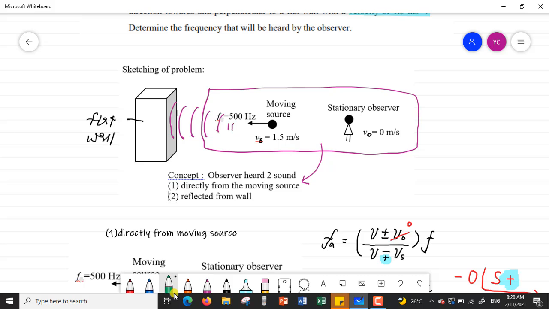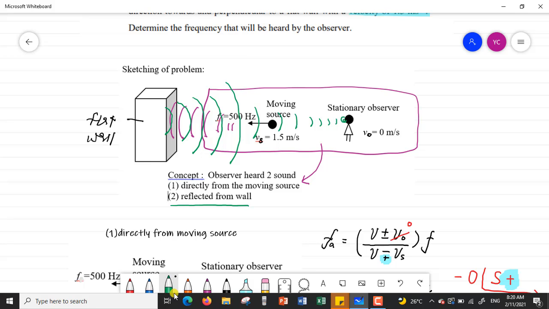I use a different color. So it will be reflected from the wall. So the sound will be reflected from the wall. So when it is reflected from the wall, it will reach the ear of this stationary observer. So we have the second one. So the observer will also hear a sound or a frequency after being reflected from the wall.